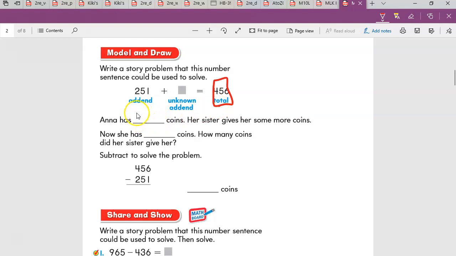So how many coins does Anna have? 456. You're going to write that here. Her sister gives her some more coins. Do we know how many? No. Oh, I'm sorry. Now she has blank coins. So this is the add-in, 251.